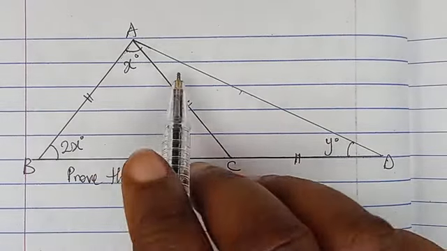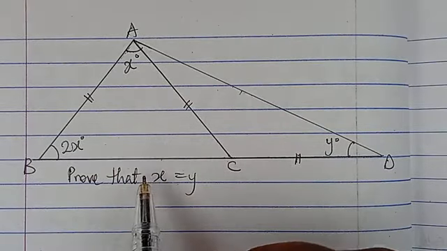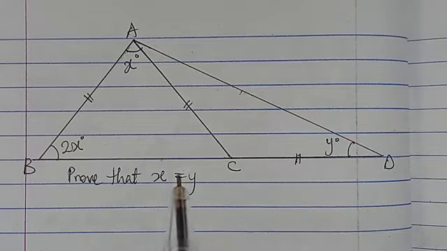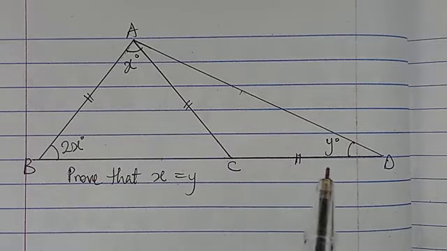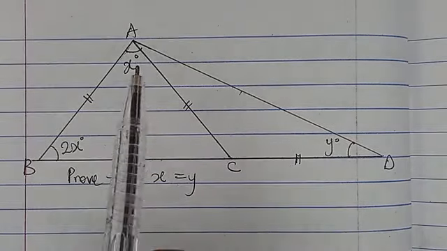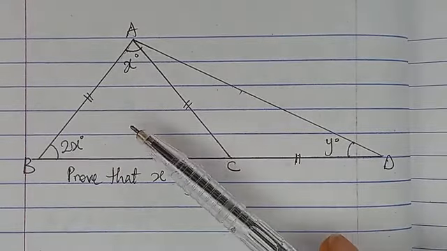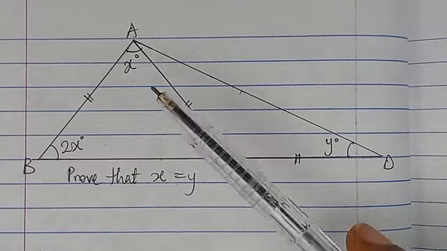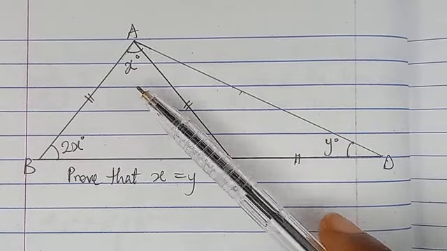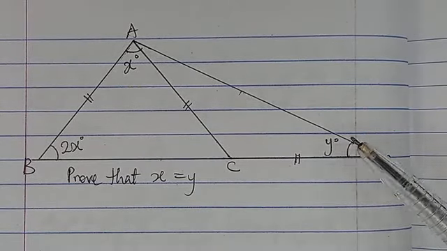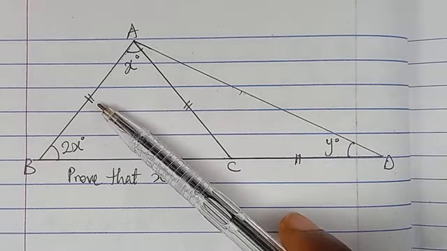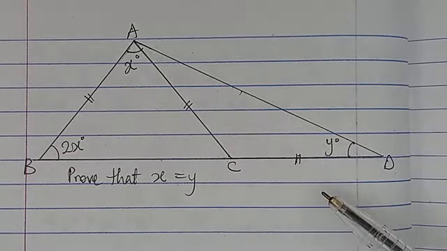Let's look at this other example. We've been given this triangle ABD, which has been divided into two. So we have two triangles that we are looking at, this part and this part. And we've been asked to prove that angle X is equal to angle Y. We know that this line is equal to this line and is equal to this line.